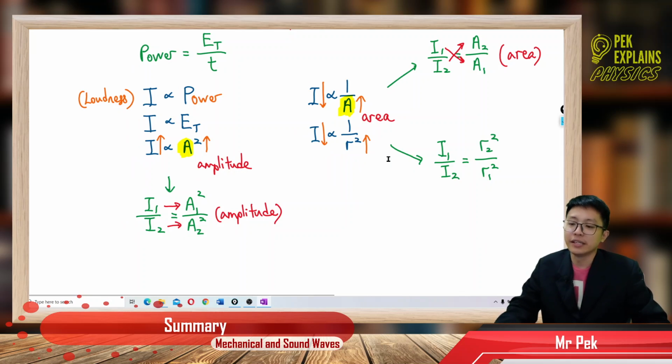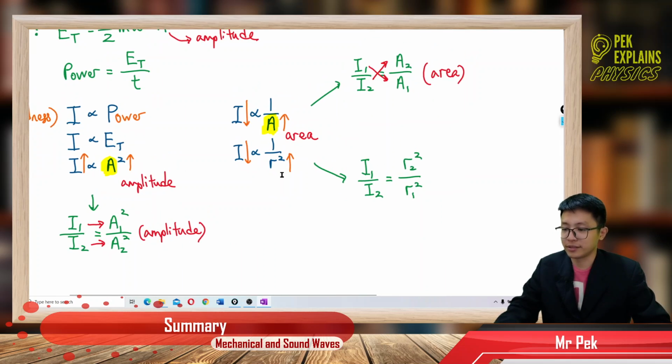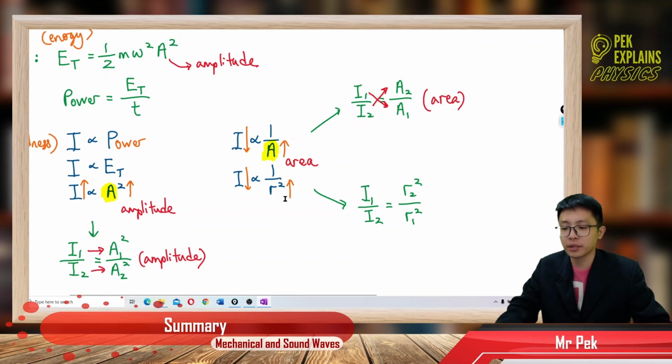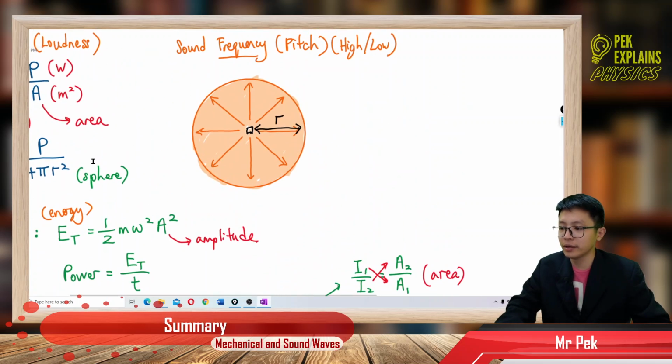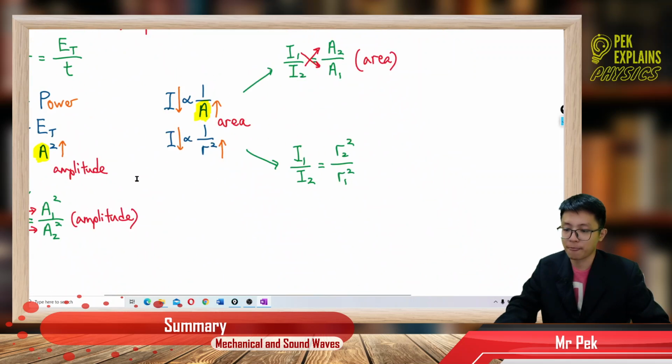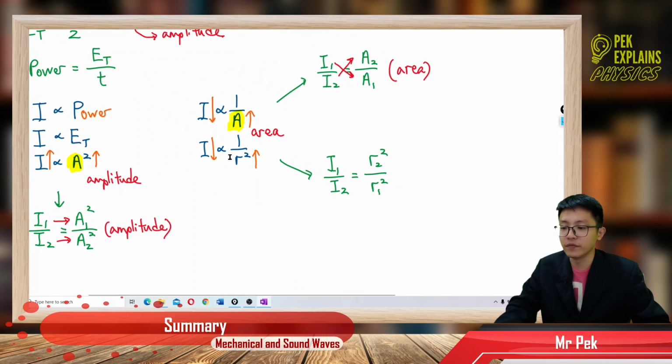Understand that? Now, how about the distance? Same, because distance depends on the area. The bigger the area distributed, the further away from the sound source. Because area is actually 4 pi r square, and intensity is inversely proportional to the area, intensity is also inversely proportional to the distance square.